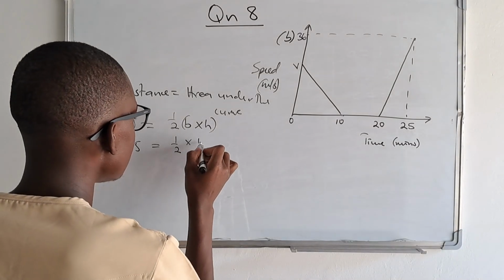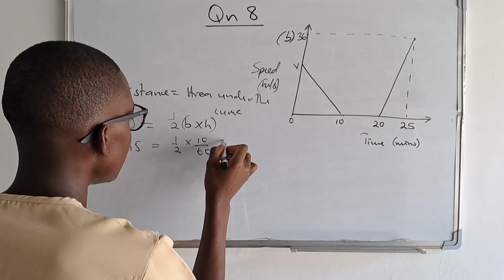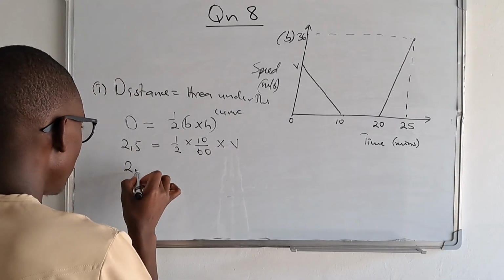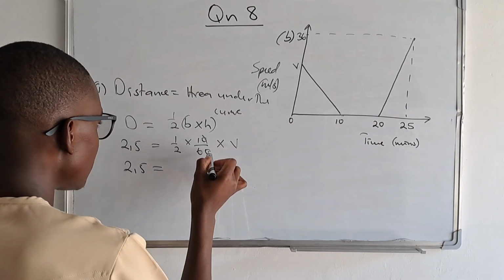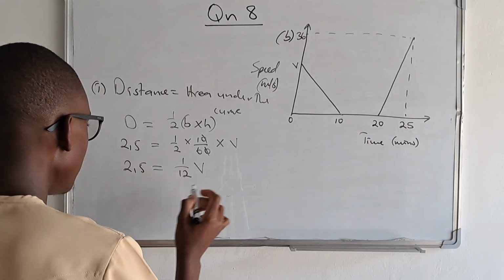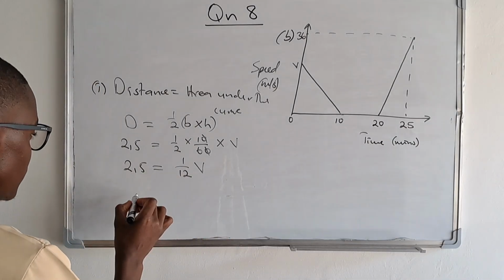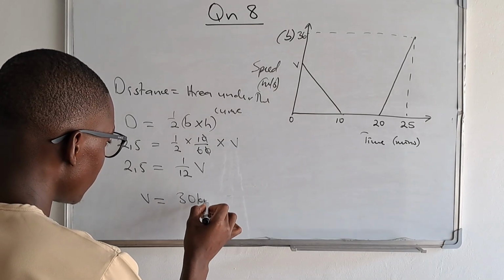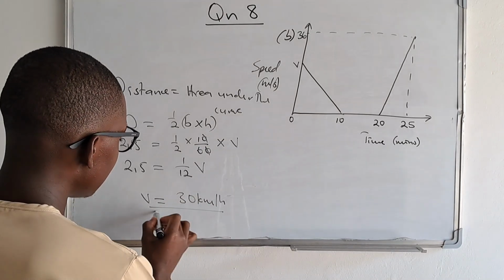It will be times 10 over 60 times v. So 2.5 is equal to, this will become 1 over 6, then 1 over 12 v. Being 1 over 12 v, you cross multiply, and you get v is equal to 30 kilometers per hour.